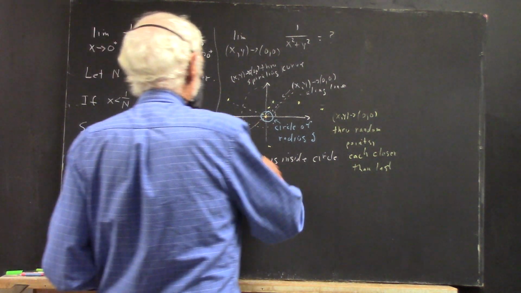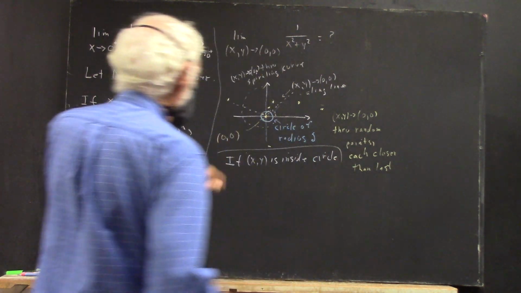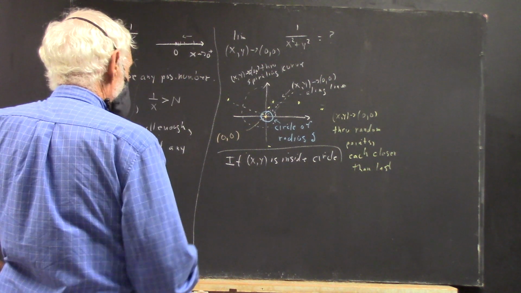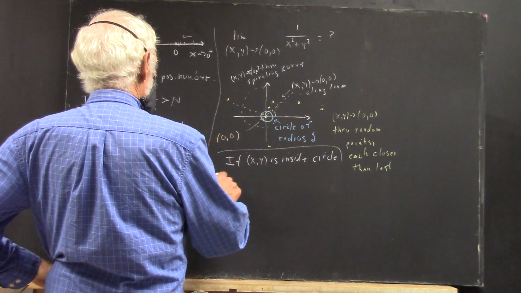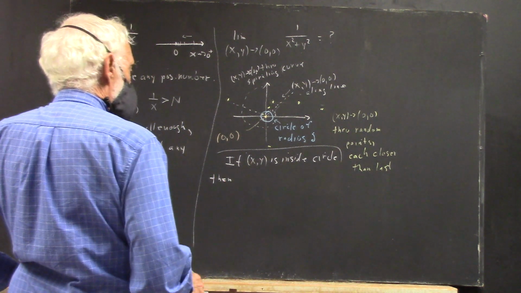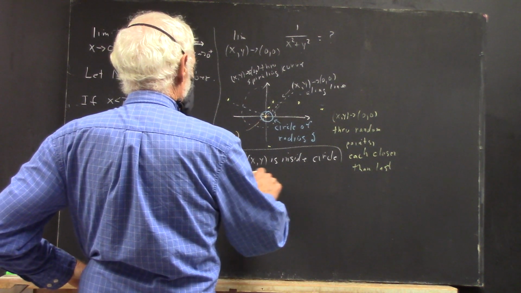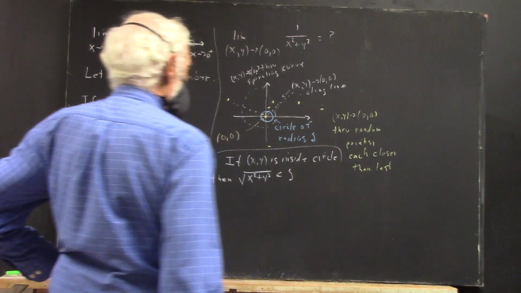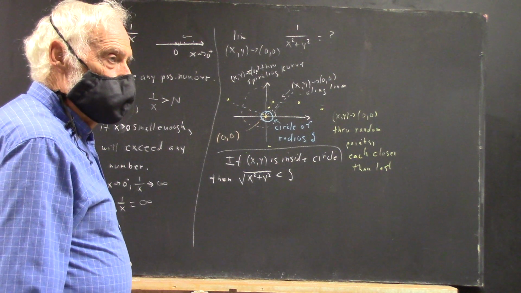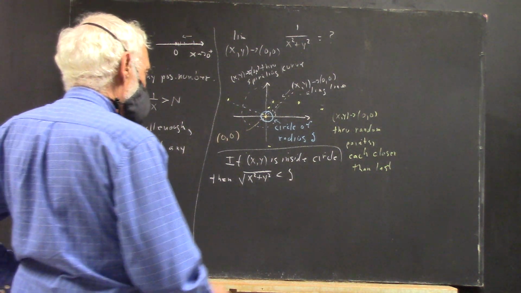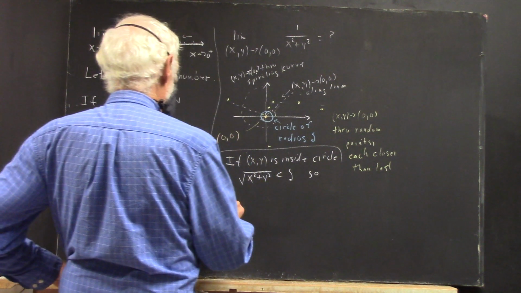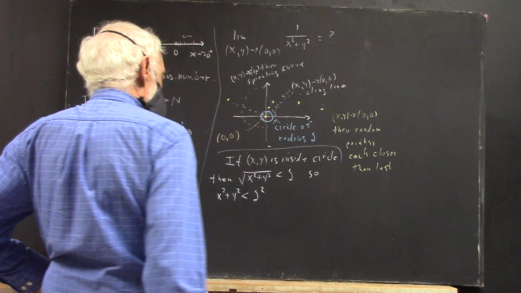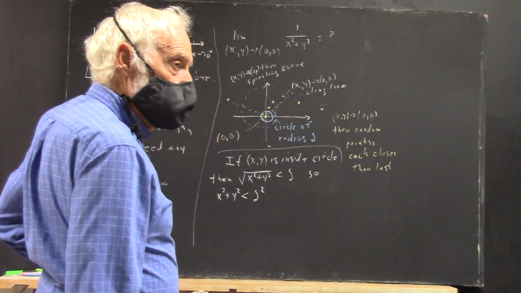Okay, well, in any case, for this function, if xy is inside the circle, then the square root of x squared plus y squared is less than delta, right? So x squared plus y squared is less than delta squared.